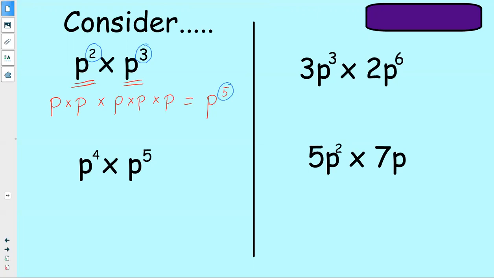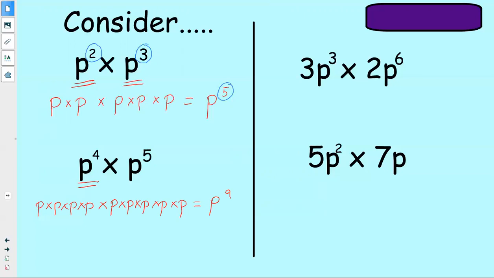So this one here, p to the power of 4 means p times p times p times p. Multiplied, so I'm going to try to use the word multiply instead of times, and then multiplied by p to the power of 5 is p multiplied by p multiplied by p multiplied by p multiplied by p. And what's the answer? P to the power of 9.